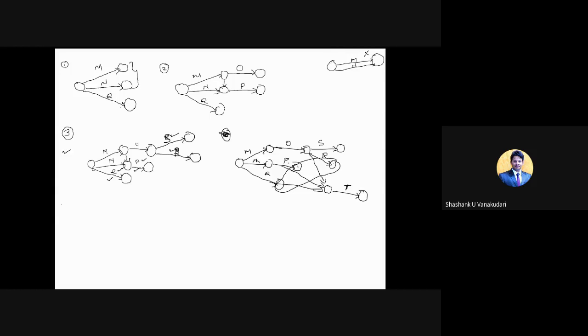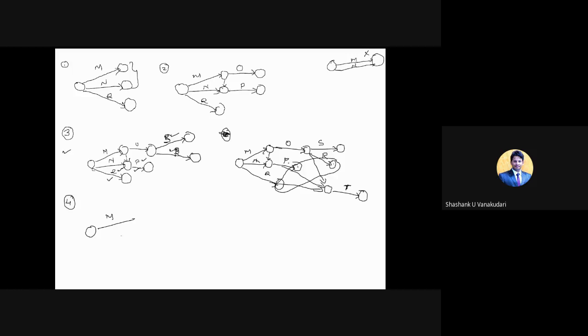So as per the fourth condition, I can write it this way: this is activity M, this is activity N. Here we should provide a dummy activity, that is most important. And I can write it this way so that it comes till the end of the T activity.